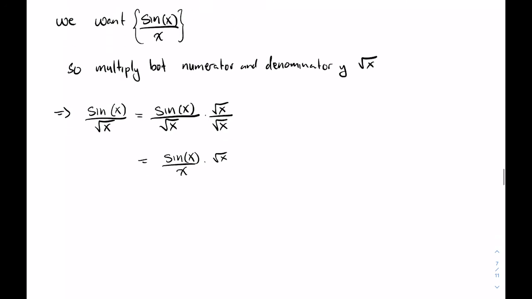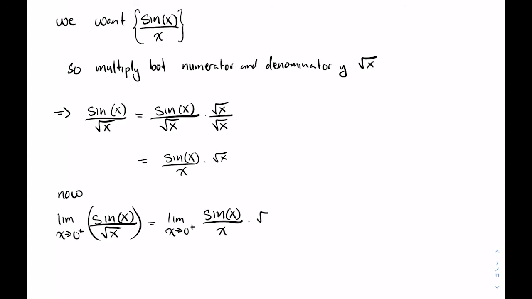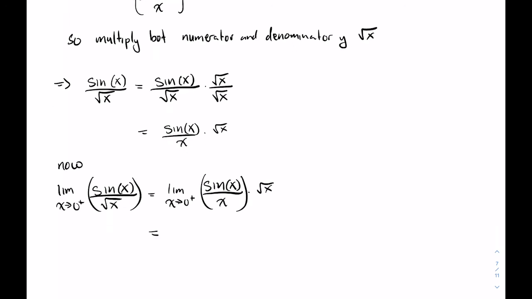So now the limit as x approaches 0 from the right of sine x over the square root of x is equal to the limit as x approaches 0 from the right of sine x over x times the square root of x. And yes, you guessed it, I'm going to apply my limit law again.